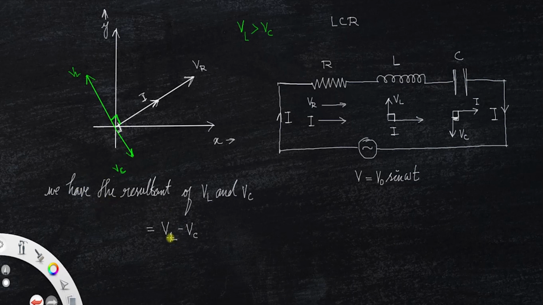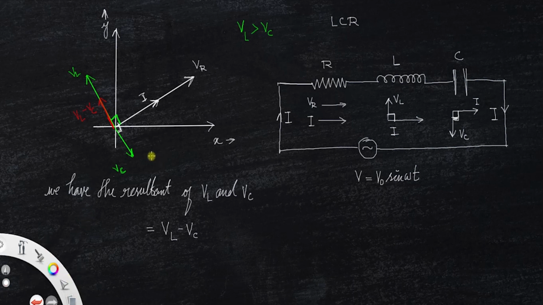So since VL is greater than VC, it will be along the direction of VL. So let's represent it like this. This is VL minus VC.